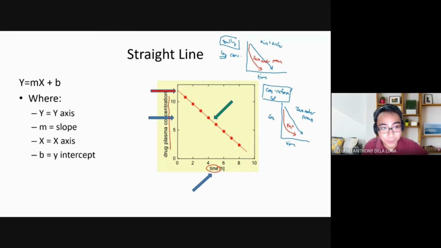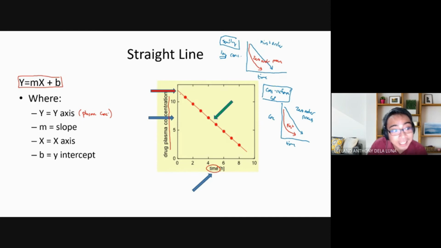Okay? So therefore, class, I'm going to convert itong y equals mx plus b to follow the data that I have in my table. Okay? So ano yung y? Ano yung mga y na yan? So y, class, would refer to plasma concentration. M, yung slope. Ano yung slope na to? Kung titignan nyo class, ano ang route of administration na to?